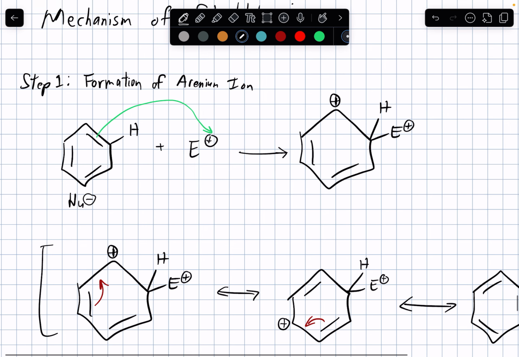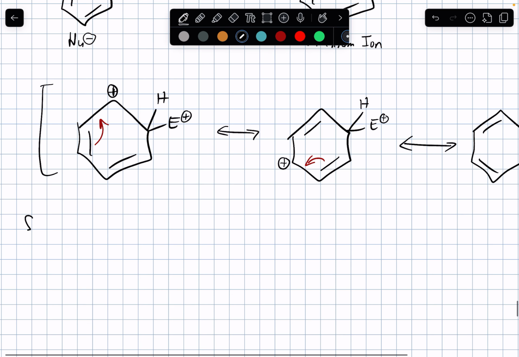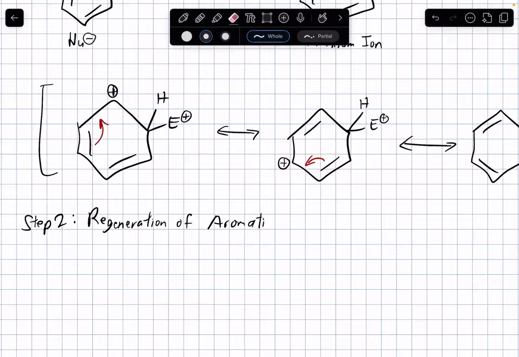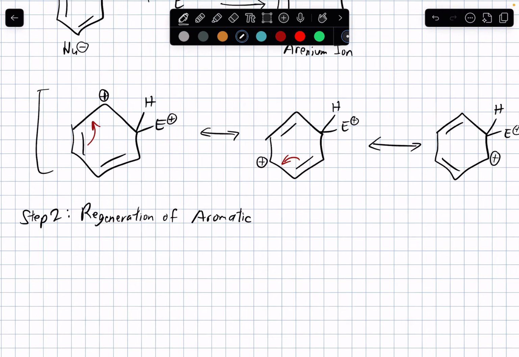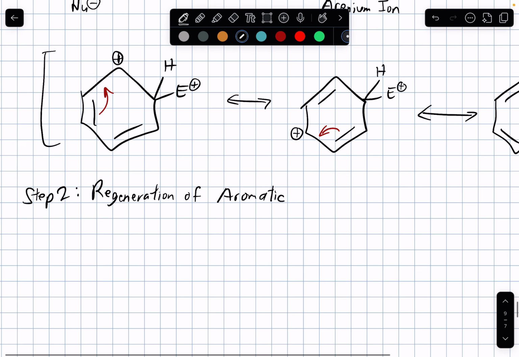Okay, so again, this is our arenium ion. It is now formed. Step 2, the last step, fortunately, is about the regeneration of the aromatic ring. For all reactions, it's already clear that there is a catalyst, no?